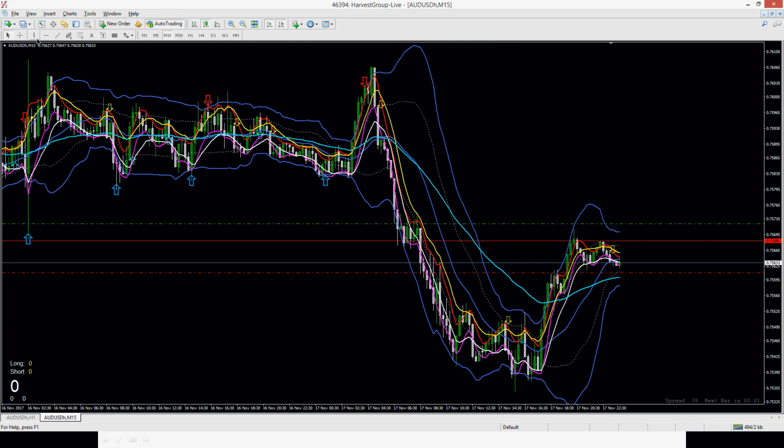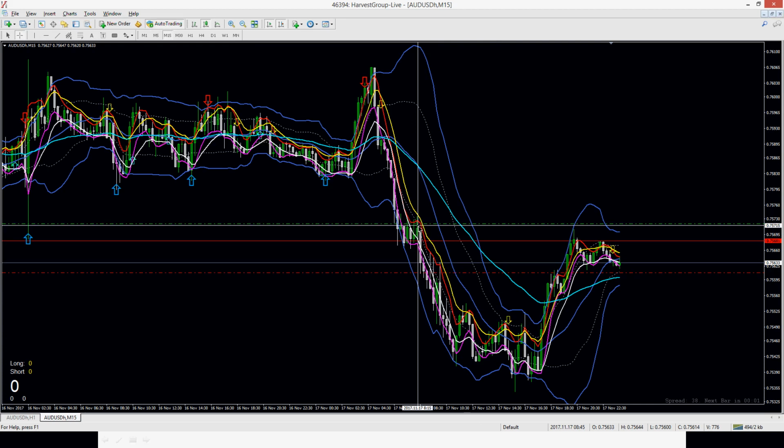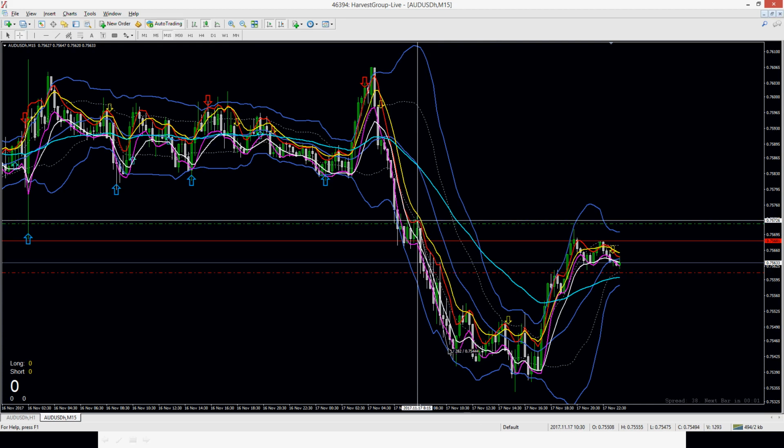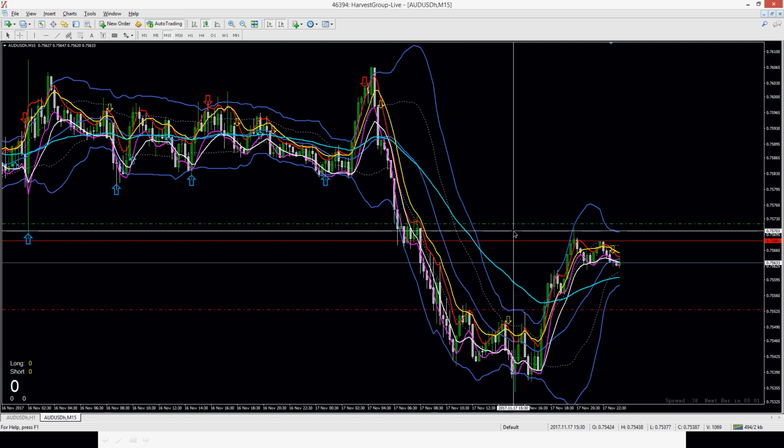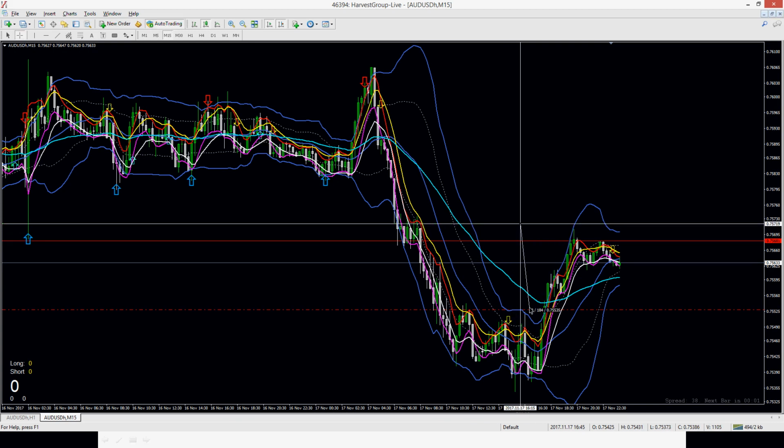Then all of a sudden the price is already here, so I move to over here. That's about 30 pips over there. So now I move my SL a little bit lower. As soon as the price went back up and hit your stop loss, you already achieved your daily target.